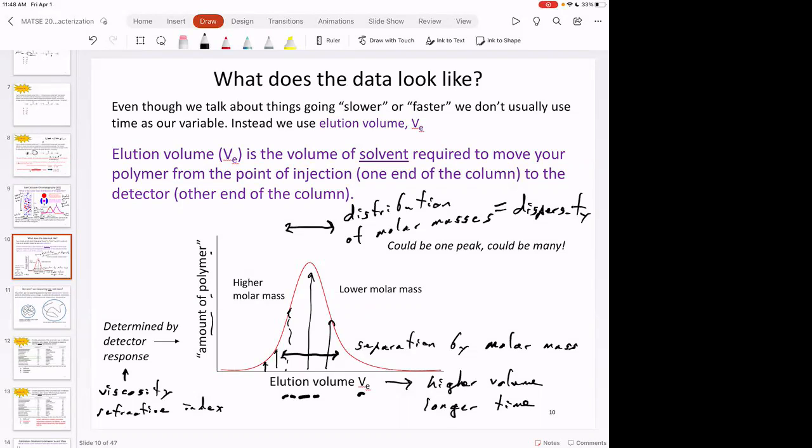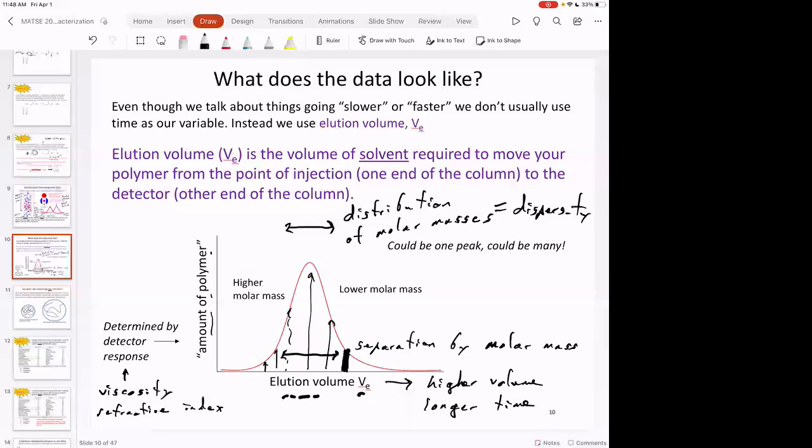Because remember, if you take a slice of this, that's basically a little volume that's come out of your chromatography column, right? Say 0.1 milliliters represents that little bit of integrated elution volume. And there's a certain molecular weight of polymer and a certain amount that comes out of there.